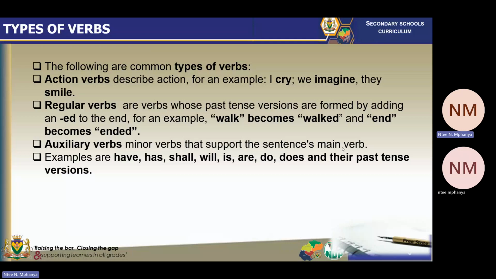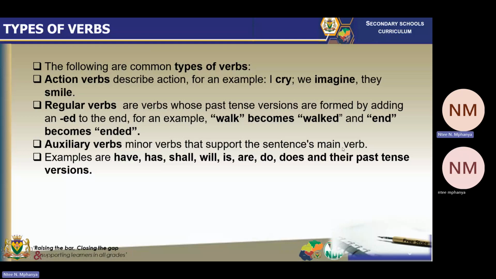What are types of nouns? The following are types of nouns. We have singular and plural nouns. For example, a book in its singular form will be a book, while in its plural form will become books. But those are still nouns, one in singular form and the other in plural form.